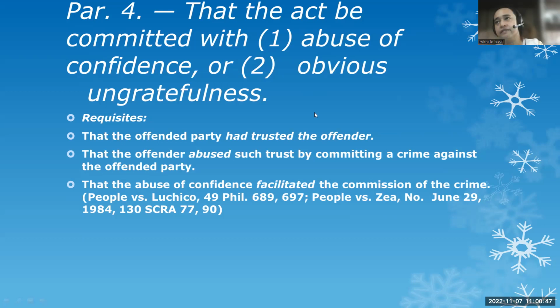And then such trust actually facilitated the commission of the crime. So that's why if a domestic helper commits theft against the employer, it's not just simple theft. It is actually qualified theft because of the aggravating circumstance under paragraph 4. So don't forget about that.